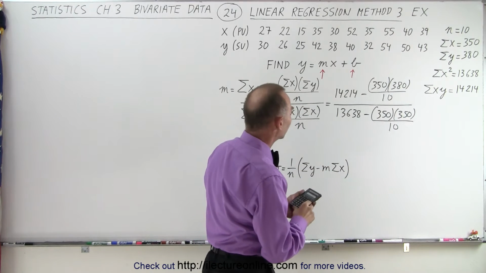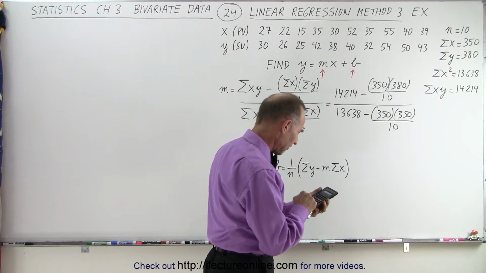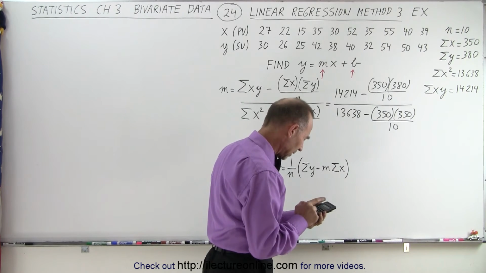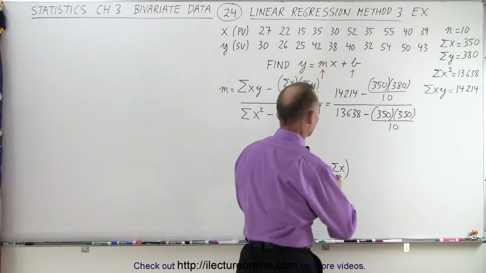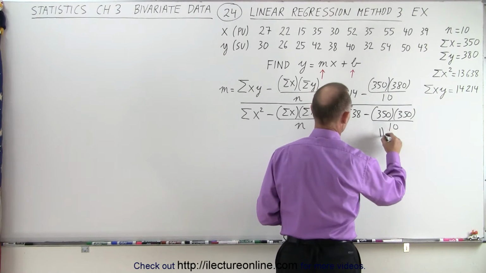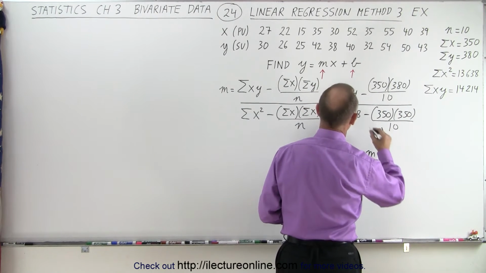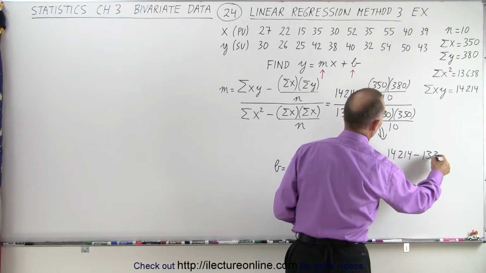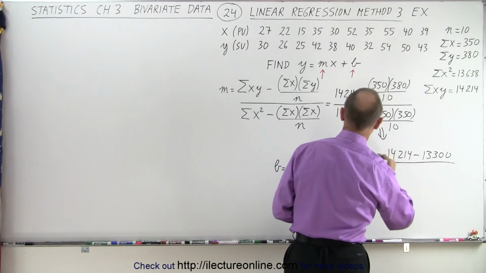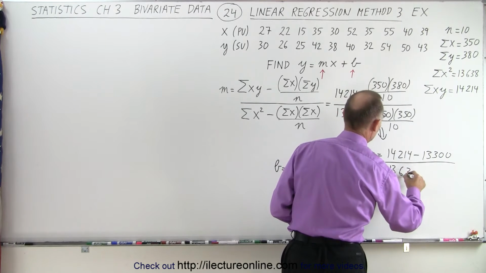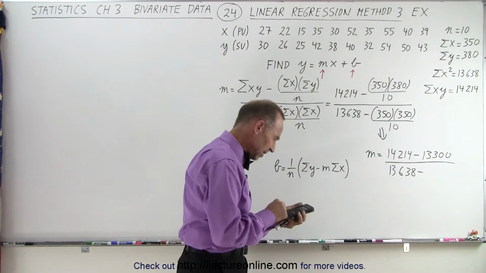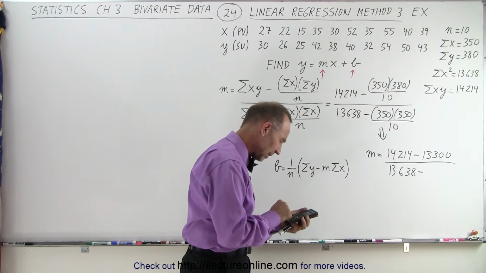All right, so we get 350 times 380 divided by 10. We get 13,300. So M is equal to 14,214 minus 13,300, all divided by 13,638 minus, so we have 350 squared divided by 10.